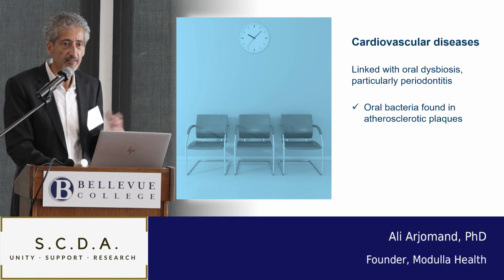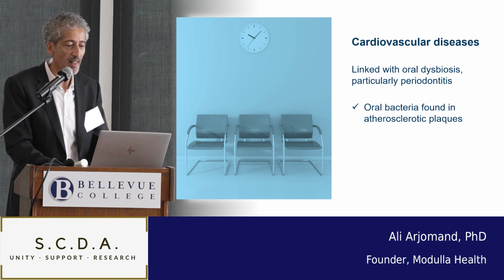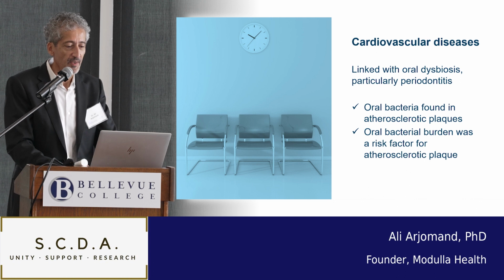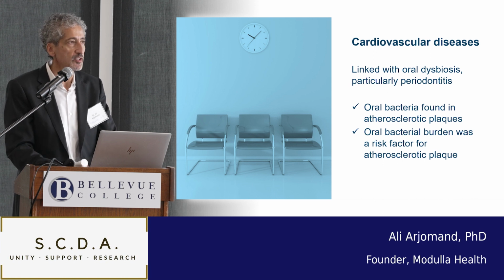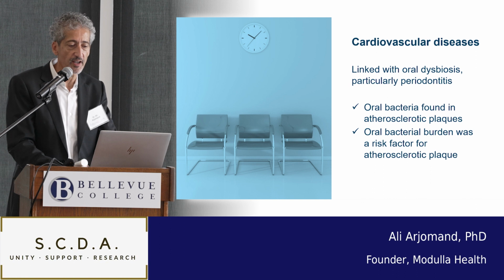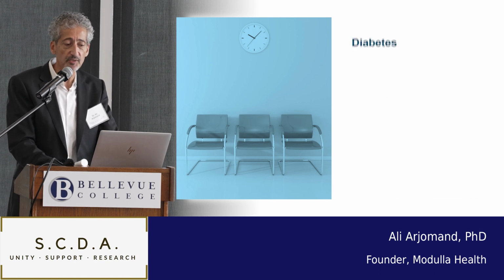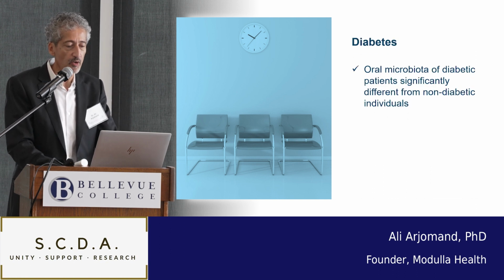How did it get there? Did it cause the plaque? We don't know. The higher the oral bacterial burden in the mouth is associated with higher risk of atherosclerotic plaques. So there's a definite known connection there. In terms of diabetes, the oral microbiota of diabetic patients is significantly different than non-diabetic patients.